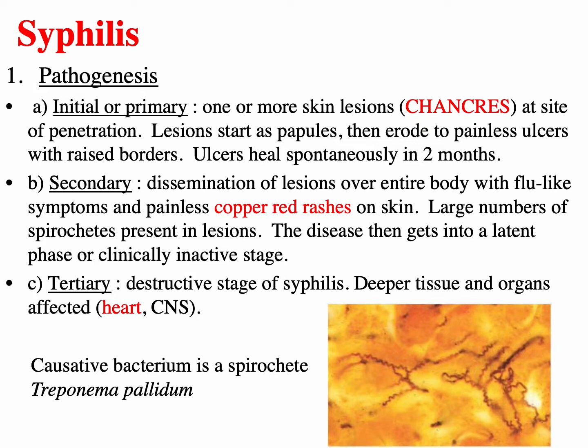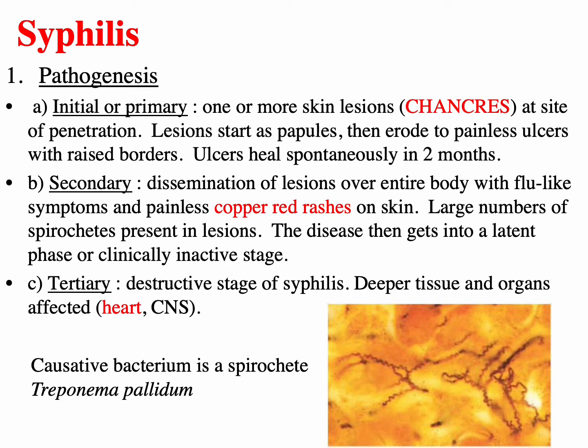During that time, when the ulcers disappear, the organism didn't go away. The spirochete is the bacterium that causes syphilis. Rather, it had disseminated to other parts of the body.